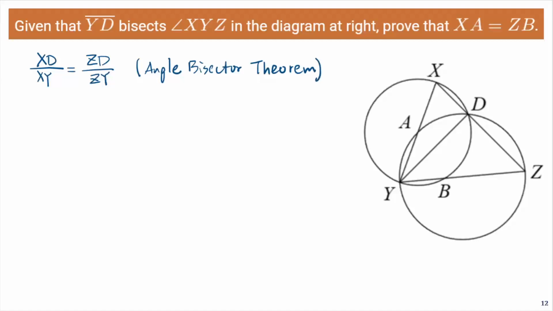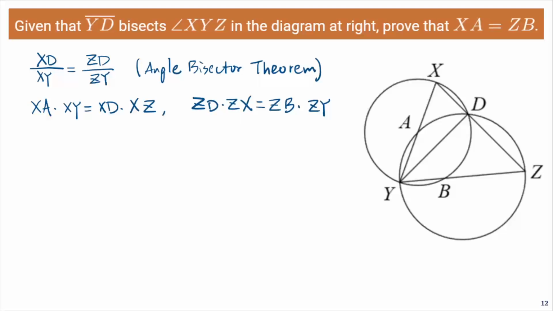However, we need something with XA and ZB. Therefore, we turn to the powers of points X and Z, which respectively give us XA times XY equals XD times XZ, and ZD times ZX equals ZB times ZY, right?